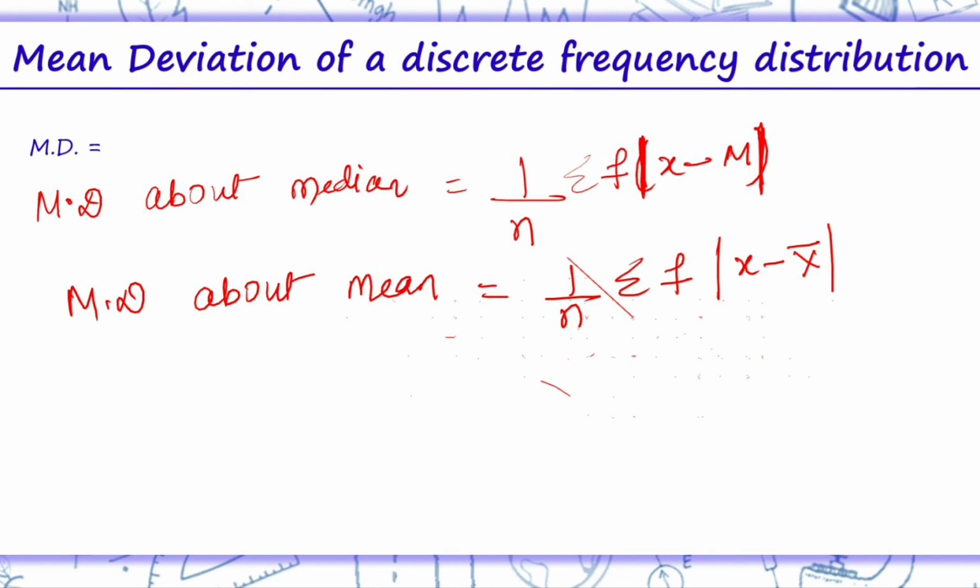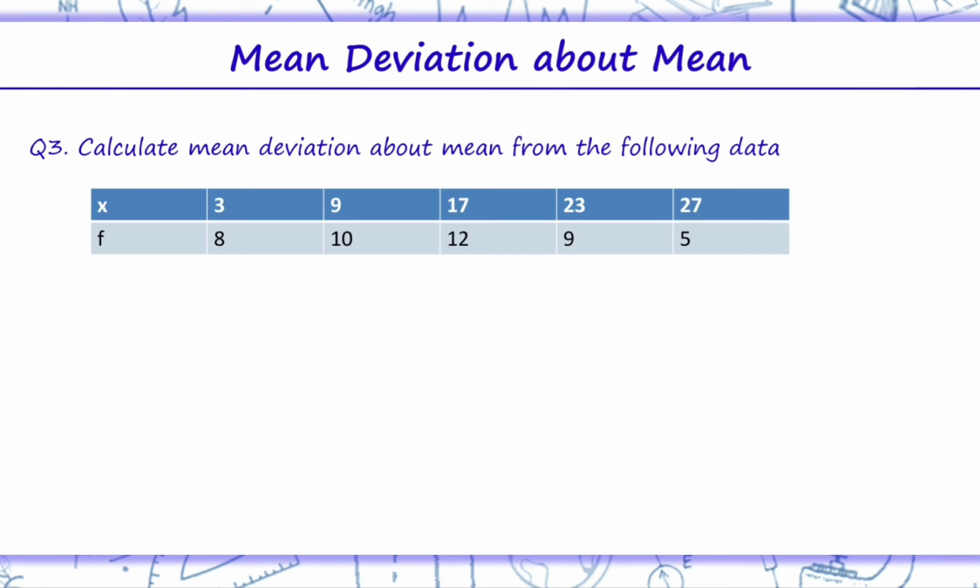These are the formulas we have to remember, and we already know how to calculate mean and median for a discrete frequency distribution.